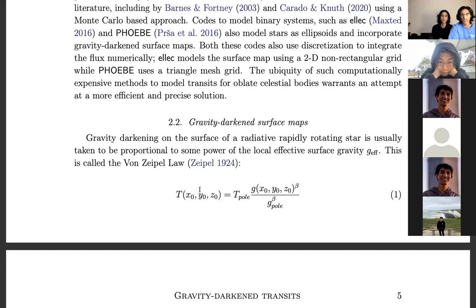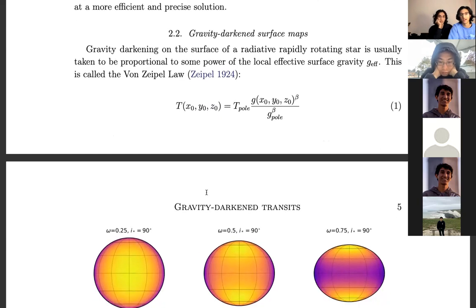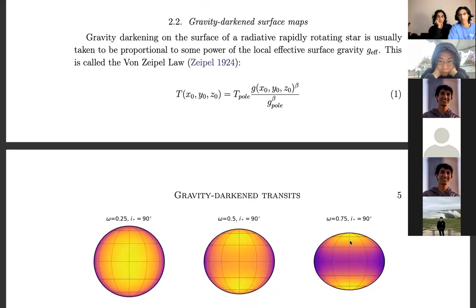So essentially, this is a scaling relation that says the temperature at any given point on this star is dependent on the local surface gravity to the power of some exponent. And usually this exponent is taken to be something close to 1/4, so something like 0.25.